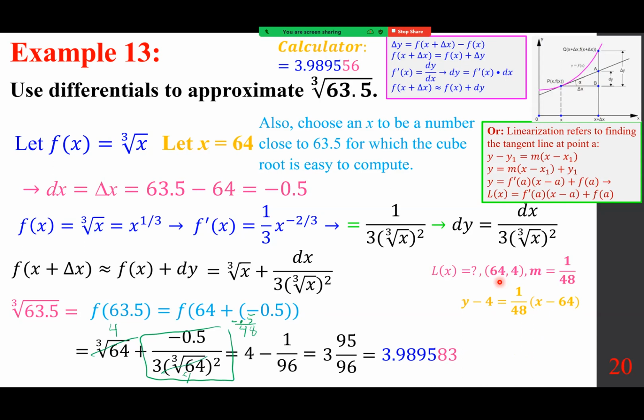And if you simplify it, y, also known as L of x, is 1 over 48 x plus 8/3. Now all you have to do, plug in 63.5 instead of x, and I'm going to leave it for you to verify that if you replace it with 63.5, you get this number, or with a decimal representation, you get that one.